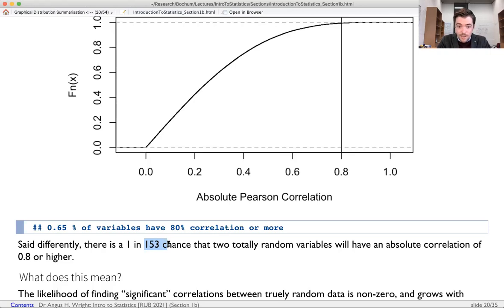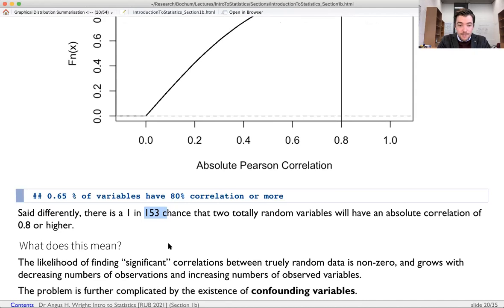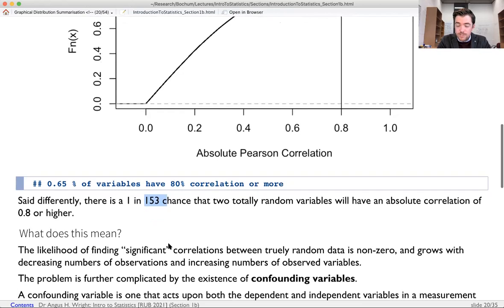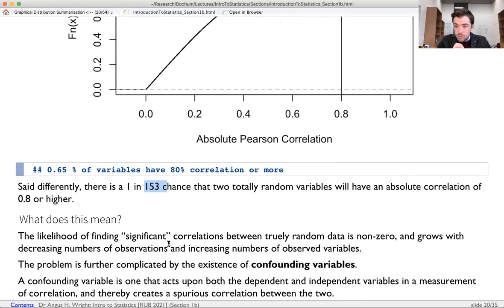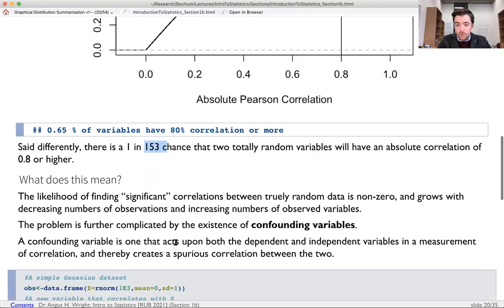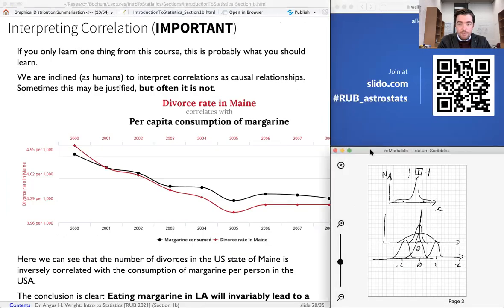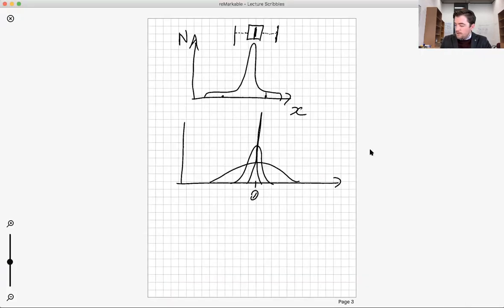However, most of our data is not perfectly random. And that means that not only do we find these spurious correlations because of just random fluctuations, but we also get spurious correlations because of what are called confounding variables. So going back to my plot here, we have two variables, X and Y, and we plot them. And we find that there is a correlation between those two variables.